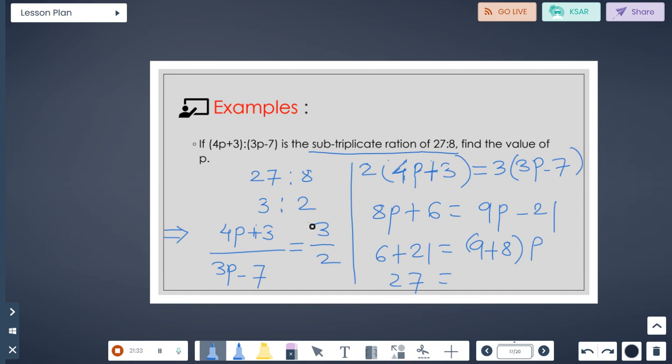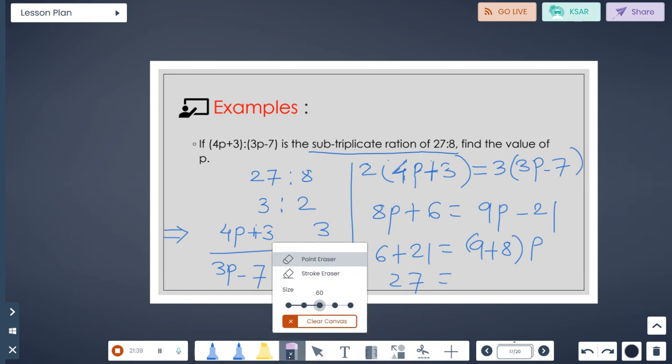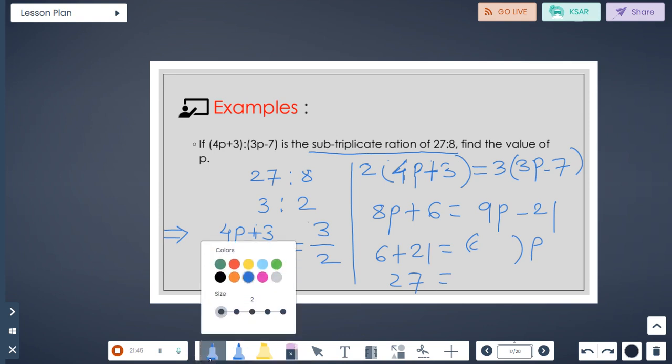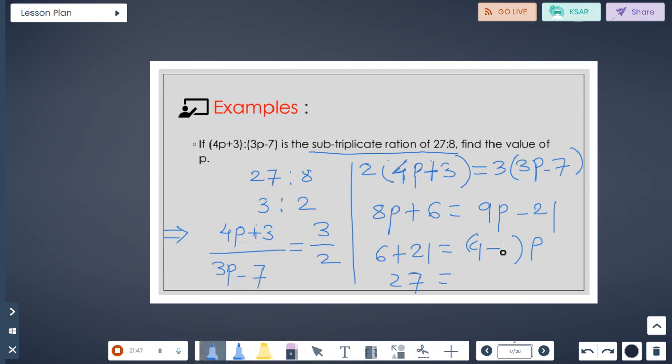So 6 plus 21 is equal to 9p minus 8p. Here not plus sign, here minus sign: 9 minus 8. So p is equal to 27. This is your final solution.